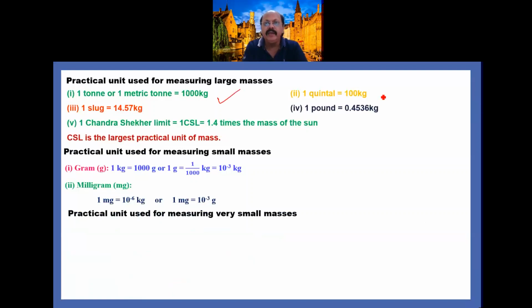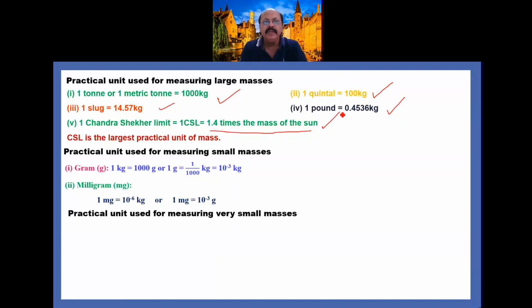Similarly 1 quintal equal to 100 kg. 1 slug equal to 14.57 kg. 1 pound is 0.4536 kg, and 1 Chandrasekhar limit, that is 1 CSL, equal to 1.4 times the mass of the sun, and this CSL is the largest practical unit of mass that we use in astronomy.